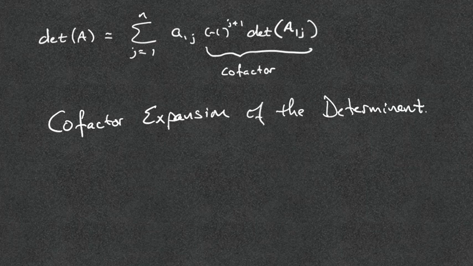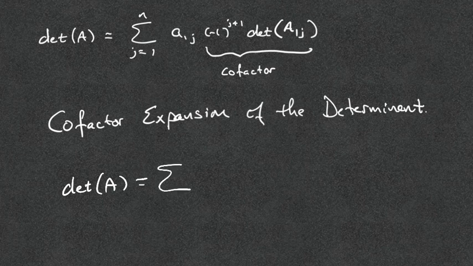And what happens when we generalize this to expand along any particular row and any column is something like this. Our determinant of A ends up being, again, a sum, j goes from 1 up to n, of a sub ij, if we picked any value, say i, j.